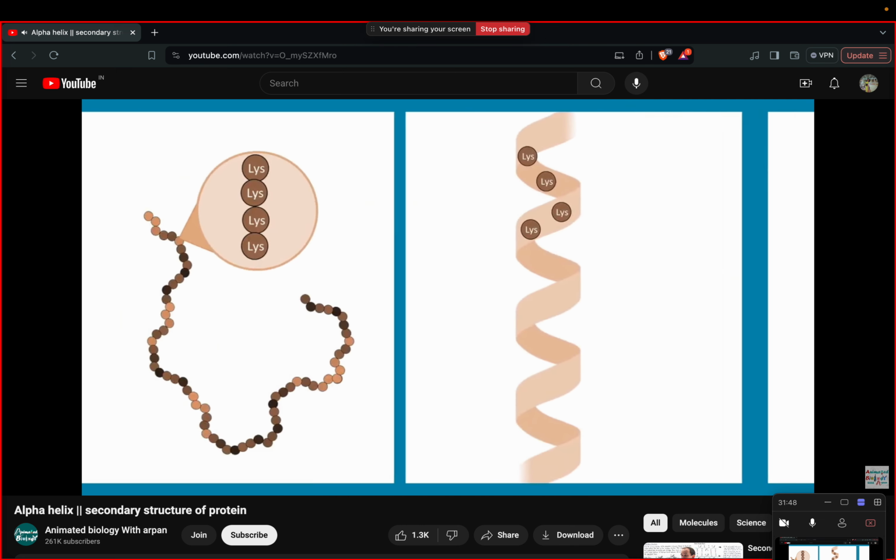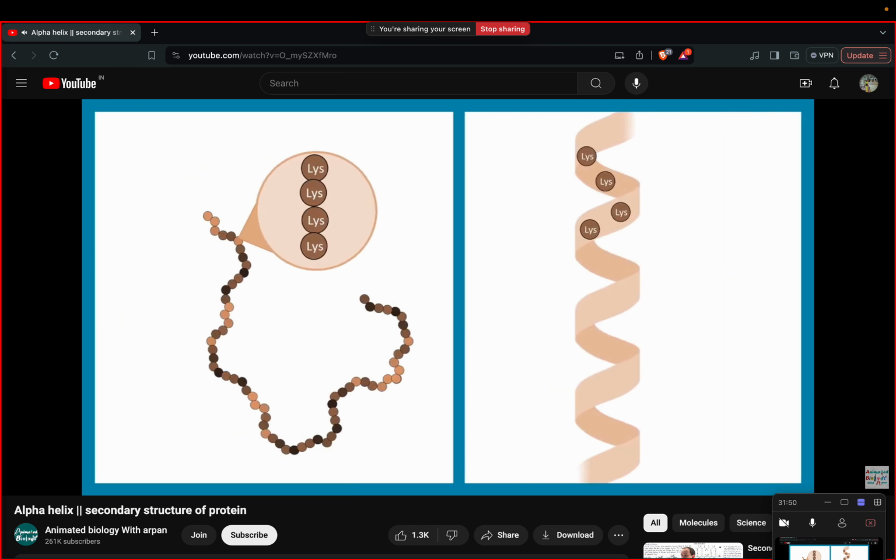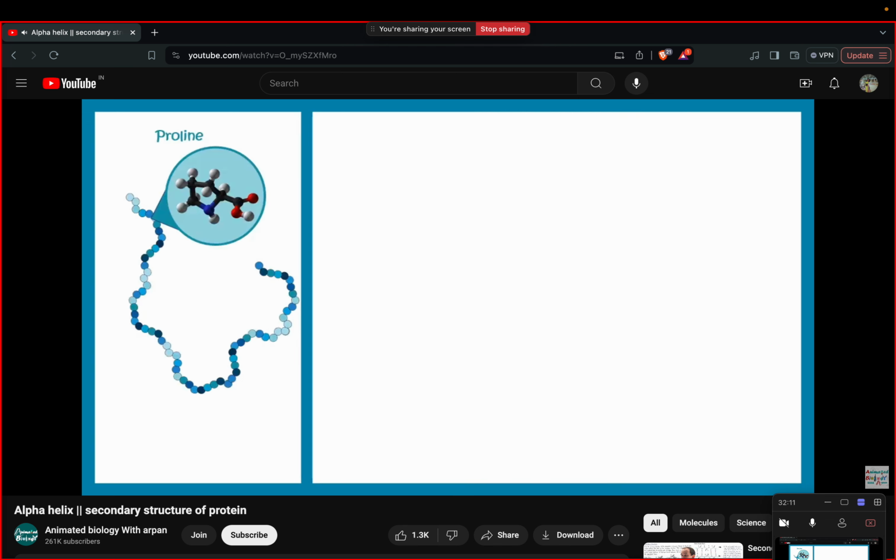The same goes for the basic amino acids, which are lysine or arginine. They are positively charged at pH 7. That is why they can also undergo electrostatic repulsion if they are very close to each other. But if they are dispersed throughout the structure, it might not be a problem. It would actually be favorable in terms of helix formation.